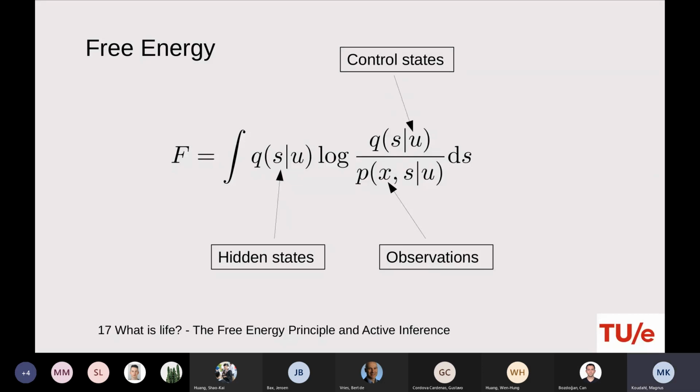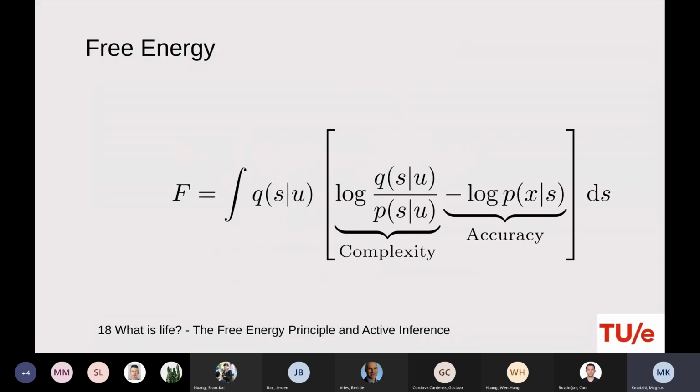So this is just saying, instead of doing exact Bayesian inference, we do approximate Bayesian inference, and we want to line up these two distributions, similar to what we talked about earlier. And I'm going to condition everything on these control states. So now we can optimize its free energy, not just by updating our model, but also by directly affecting the world around us. That is, given that I did something, what would my free energy be?